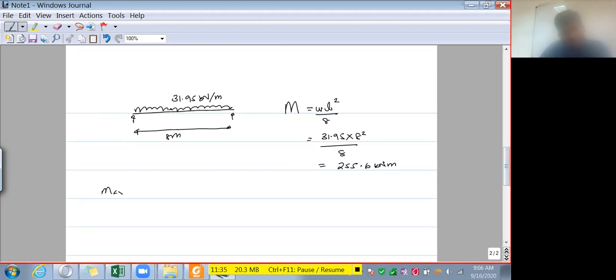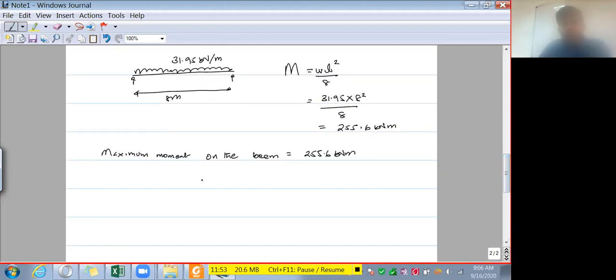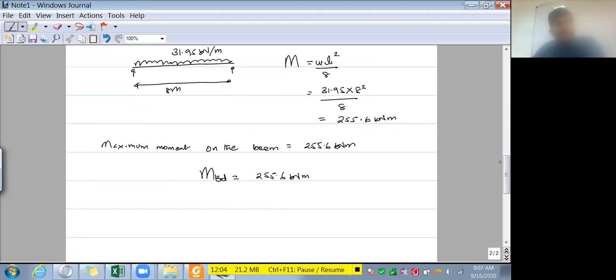So the maximum moment on the beam is 255.6 kilonewton meter. We know that critical moment is the MED. So MED is 255.6 kilonewton meter. So now we need to choose a section that is capable of carrying this moment.